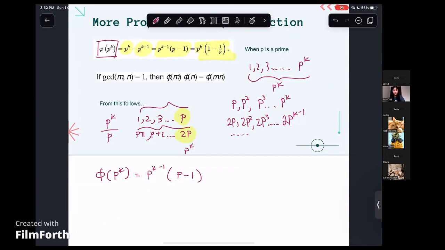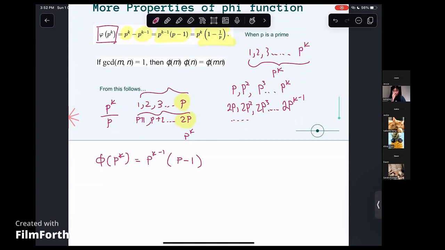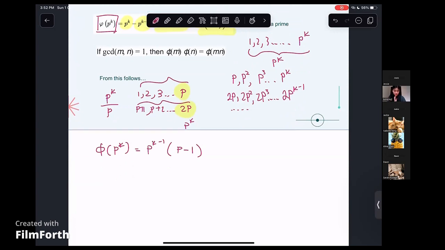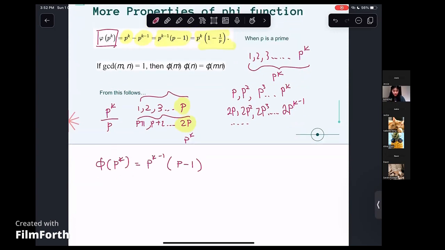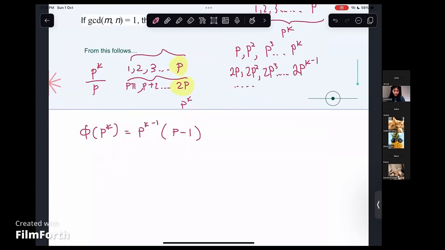So that's something like that. And then we can consider, okay, what if we have two primes, right? So p1 to the power of k1 and p2 to the power of k2.